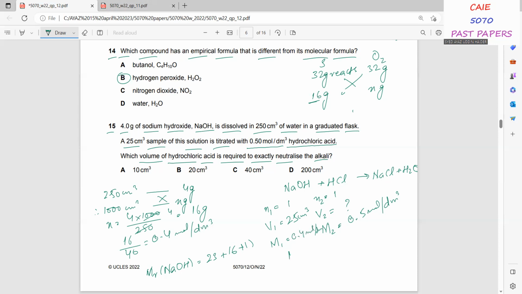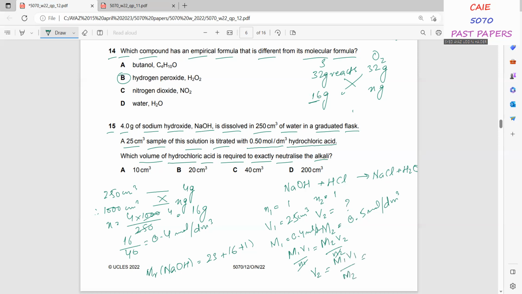Follow this formula: M1 V1 by N1 is equal to M2 V2 by N2. N1 and N2 will cancel, because the values are the same, that is 1. Now we want to calculate V2. So the equation will be V2 is equal to M1 V1 by M2.